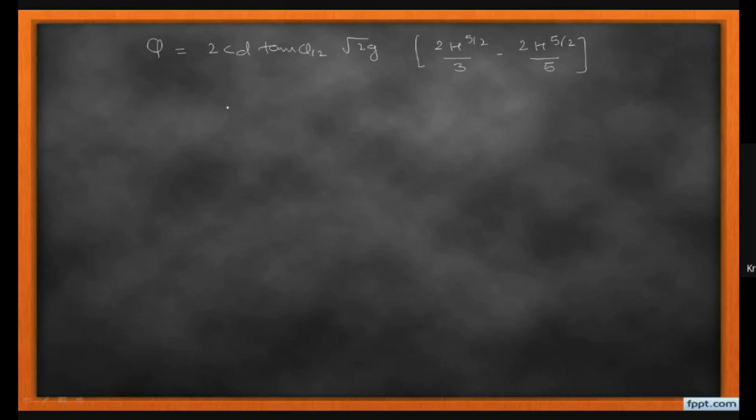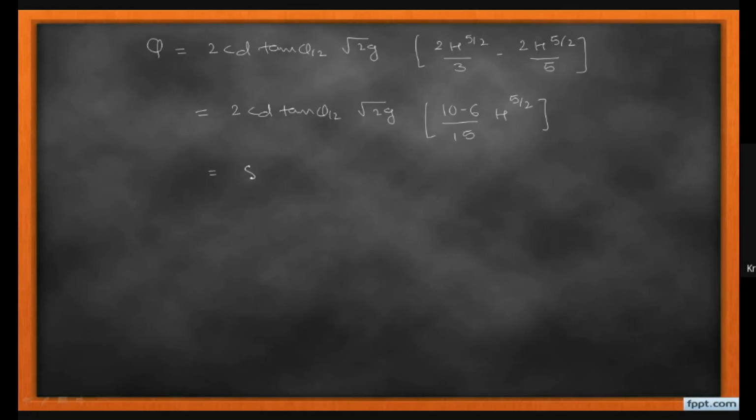So our answer becomes 2 Cd tan theta by 2 into square root of 2g. Here it is 5 times 10 minus 3 times 6. So we get 10 minus 6 divided by 15 into H to the power 5/2. So it becomes 4 by 15 and it is multiplied with the 2.